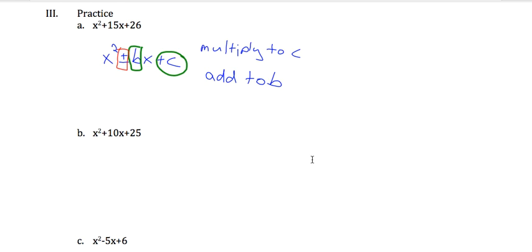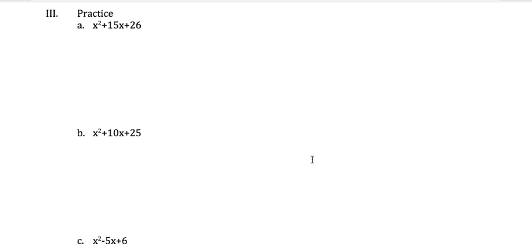All right, so basically what you're doing is, for this one, if I want to factor it, I know that my final answer is going to start with x and x, okay, because that's what all of my original problems looked like when I was multiplying, right? They all began with x times x. That gets me the x squared. I also know, because I have a plus sign in the middle, that they're both going to be plus.